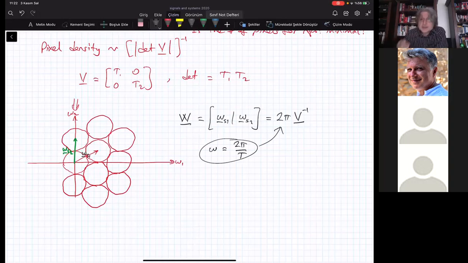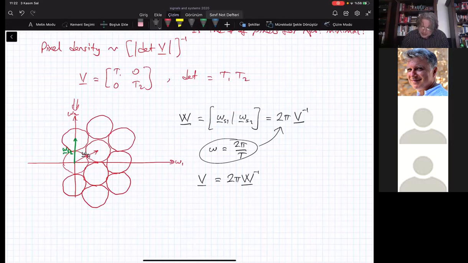So for the matrices, I use matrix inversion. Or I could say that V is also 2 pi times W inverse. It's not omega, of course. I'm using an uppercase W.